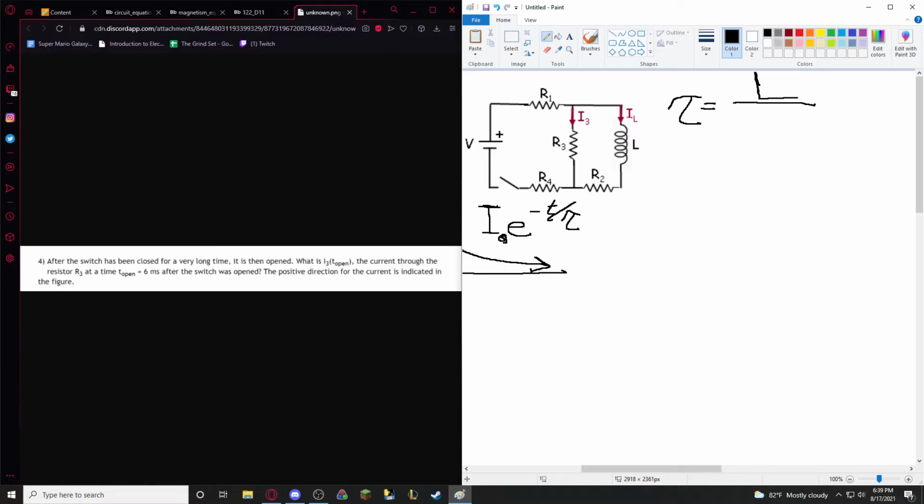I'm guessing we only need the two resistances R2 and R3, probably because of Kirchhoff's rule. Why wouldn't we need to worry about R1 and R4?